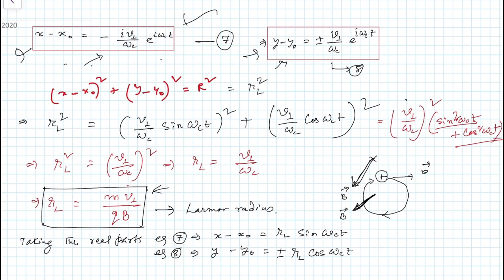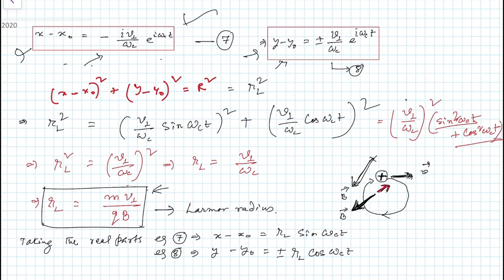Due to the motion of this charged particle, one magnetic field will be generated, and that will be in the opposite direction of the external magnetic field.